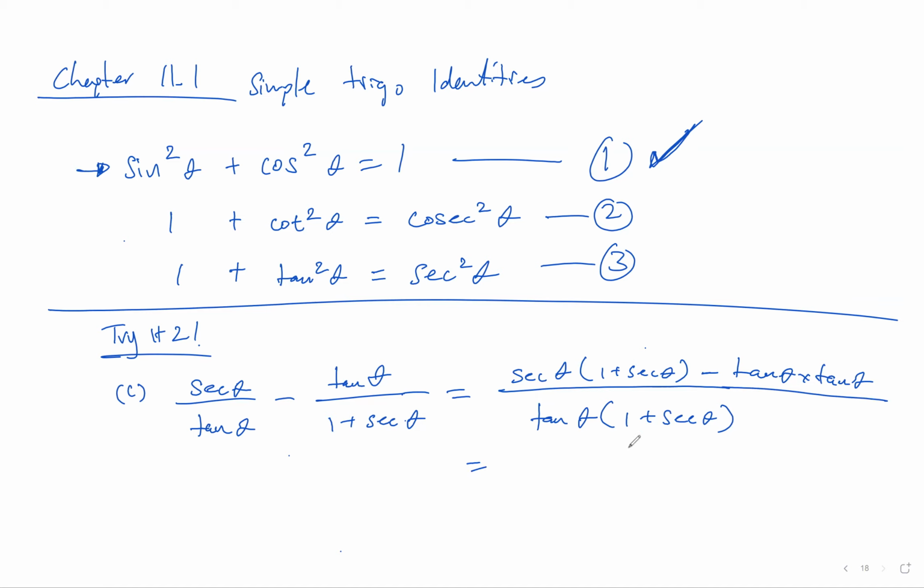So you get secant squared theta plus secant theta minus tangent squared theta. You will notice that this and this, you can do something about it.